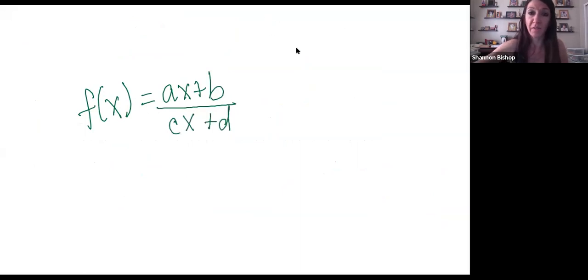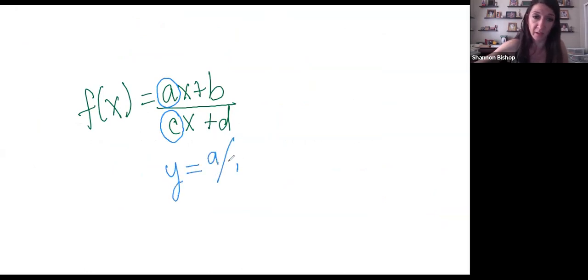When we say coefficients, what we mean is the number in front of the variable on top and the number in front of the variable on the bottom. That value, whatever that is, will be the value of your horizontal asymptote. That right there is your horizontal asymptote, okay?